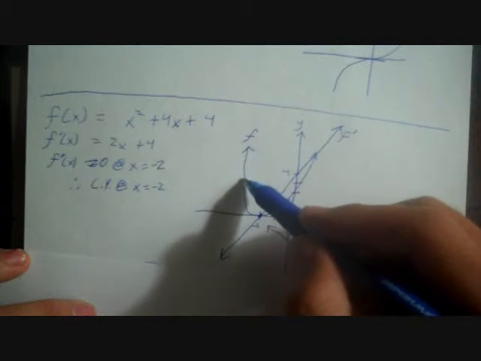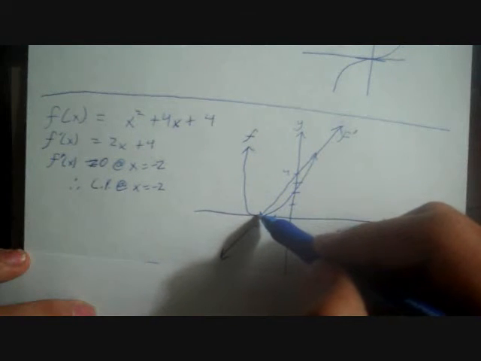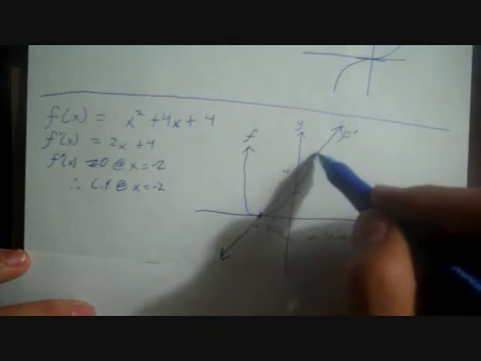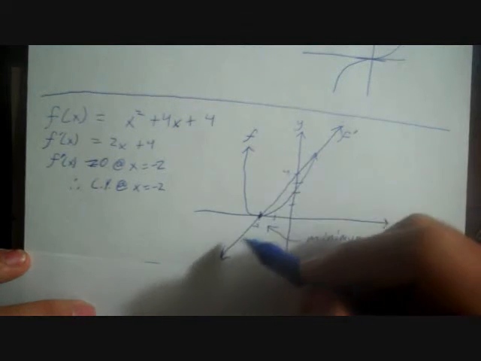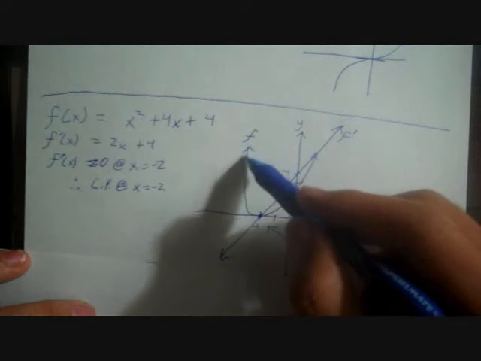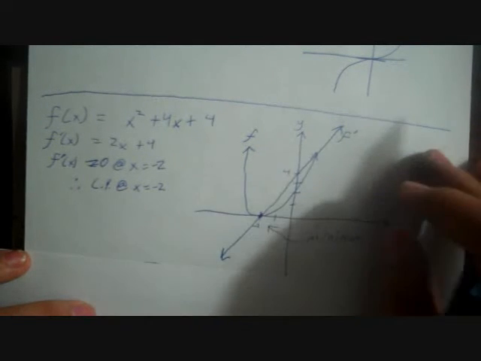So our function is decreasing, decreasing, decreasing. Where our derivative is equal to 0, we have a critical point, and then our derivative is positive, so our function is going to be increasing. So that's how we use our derivative to help us draw our function.